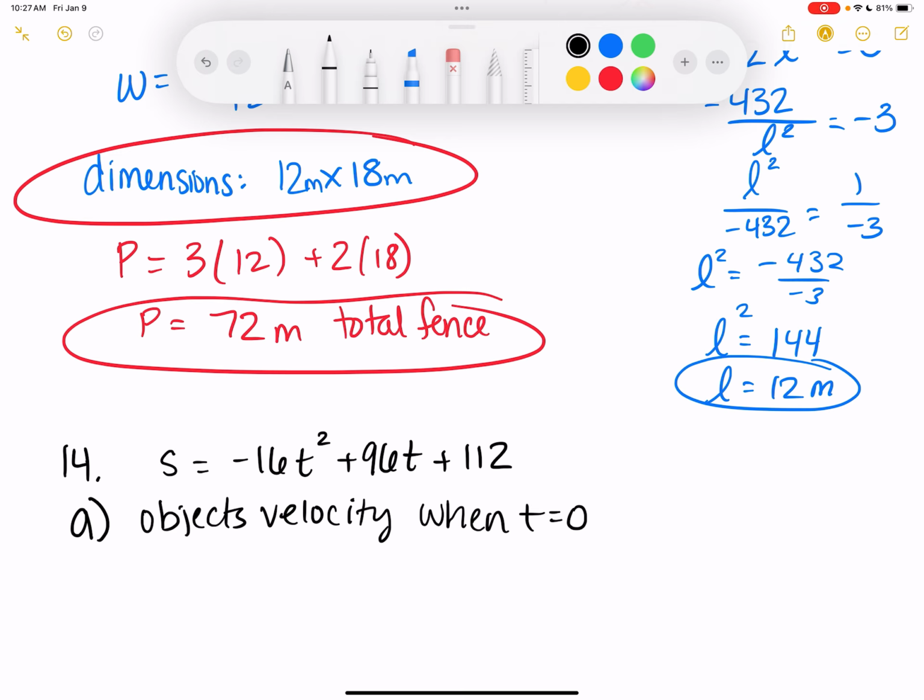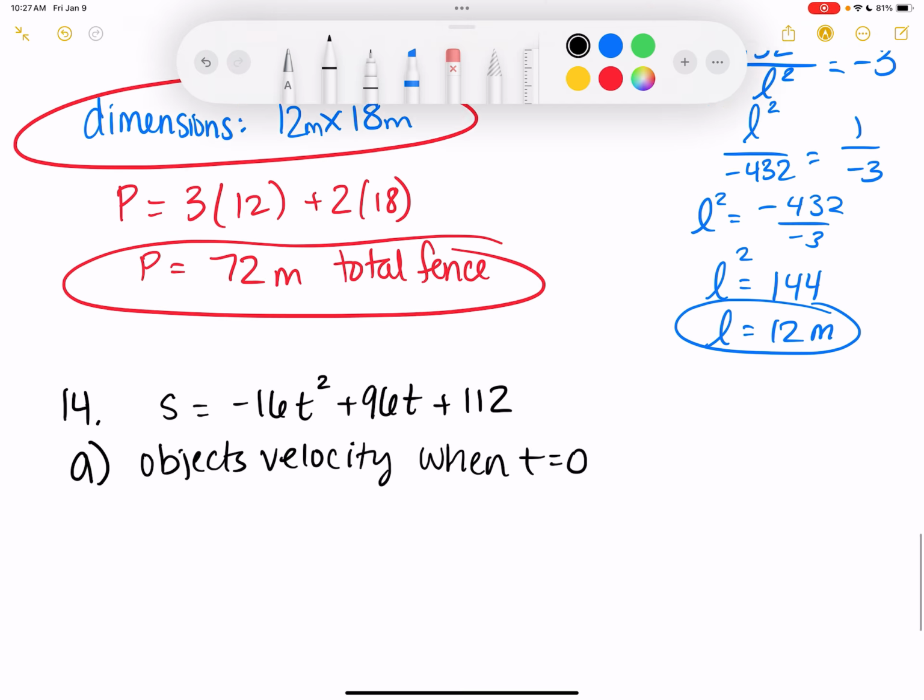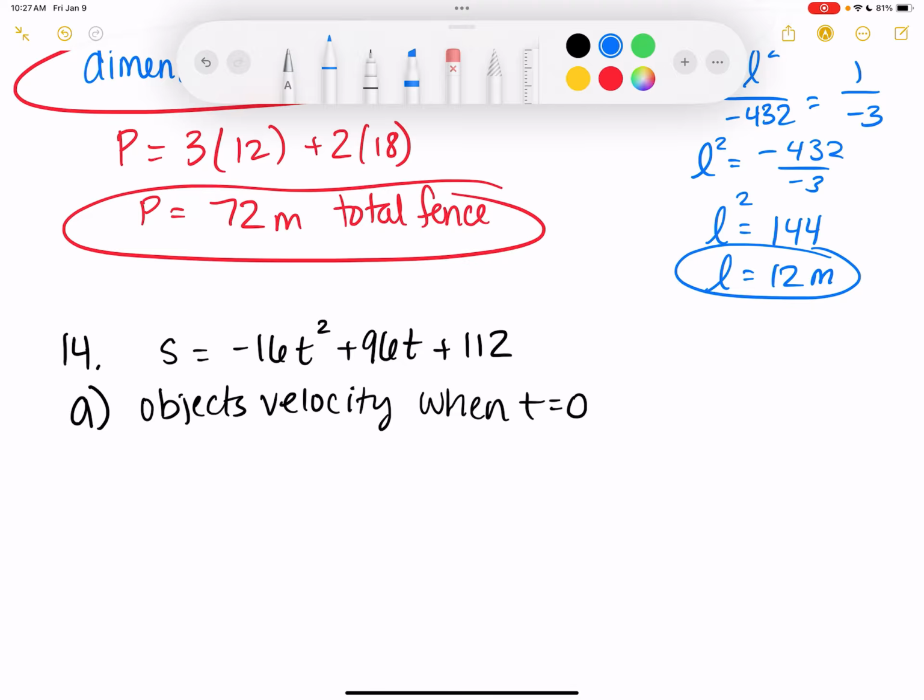So basically with this, first of all, I need to find the velocity equation by taking the derivative. So v of t is equal to negative 32t plus 96. Then I need to set t equal to 0, for what they're actually asking me for.